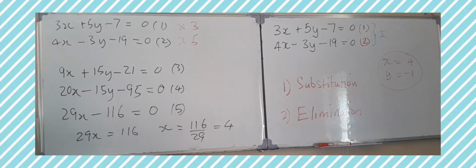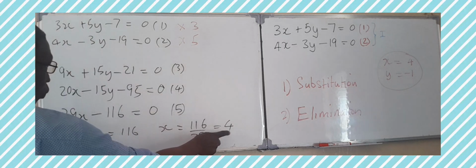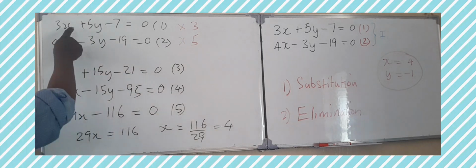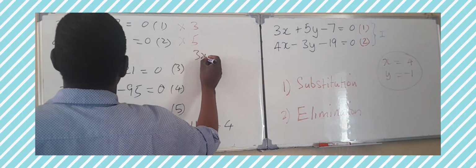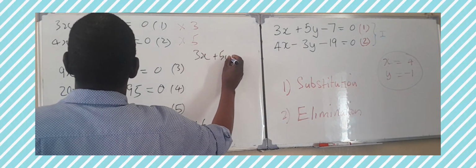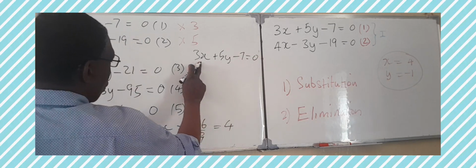If x is equal to 4, what is y? We then go back to any one of these equations and substitute 4 for x. So let's take the first one. We have 3x plus 5y minus 7 is equal to 0. So x is equal to 4.